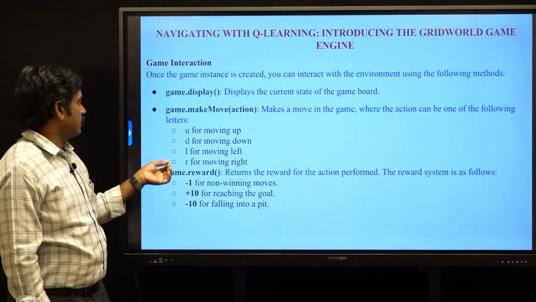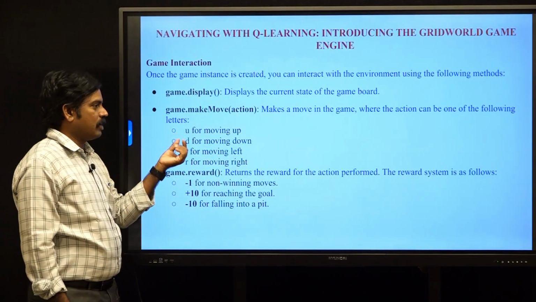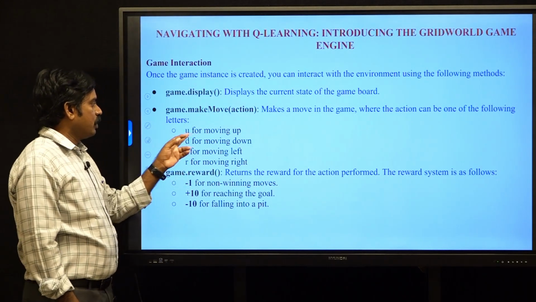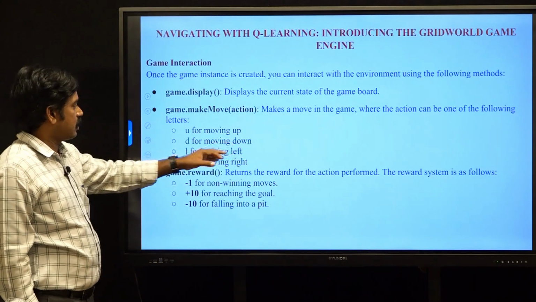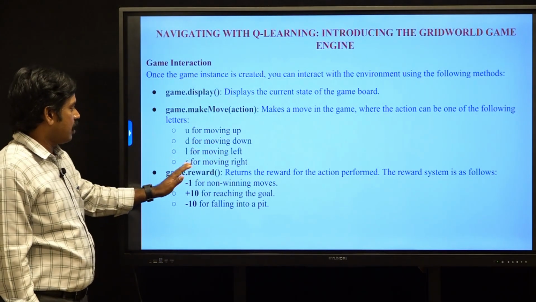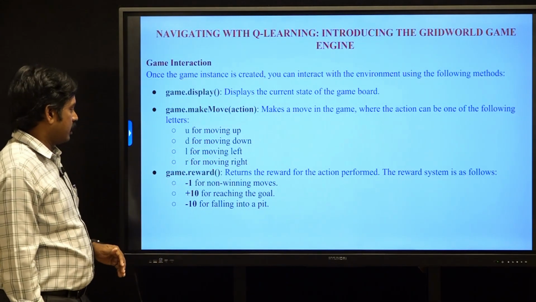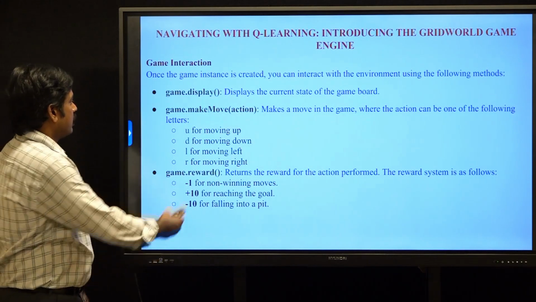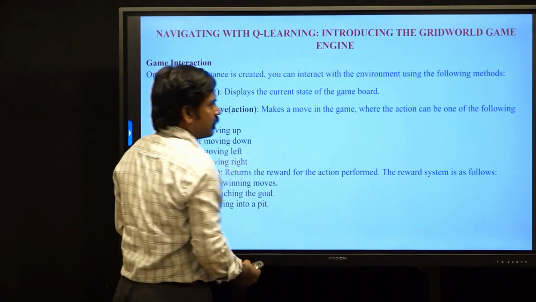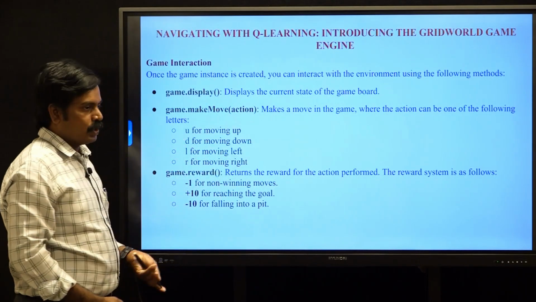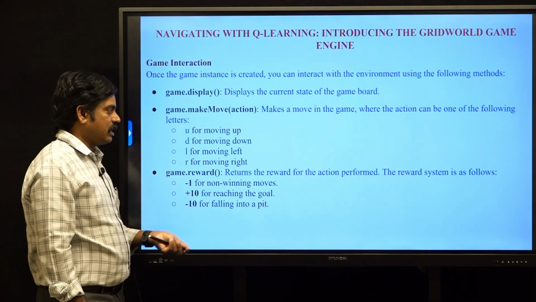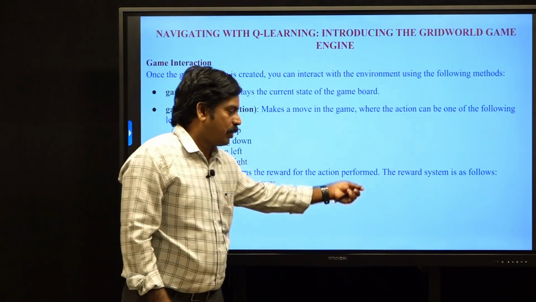The possible actions in the Gridworld game are U, D, L, R: U indicates up, D means down, L means left, and R indicates move right. The action can be one of U, D, L, R. And game.reward() returns the reward for the action performed.